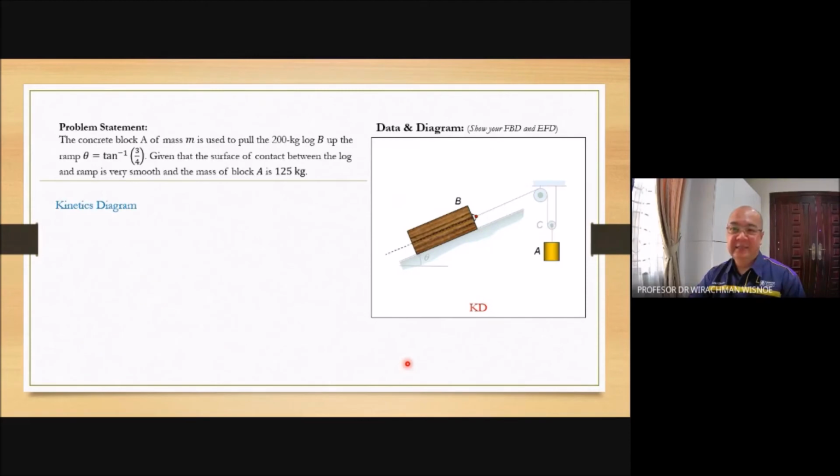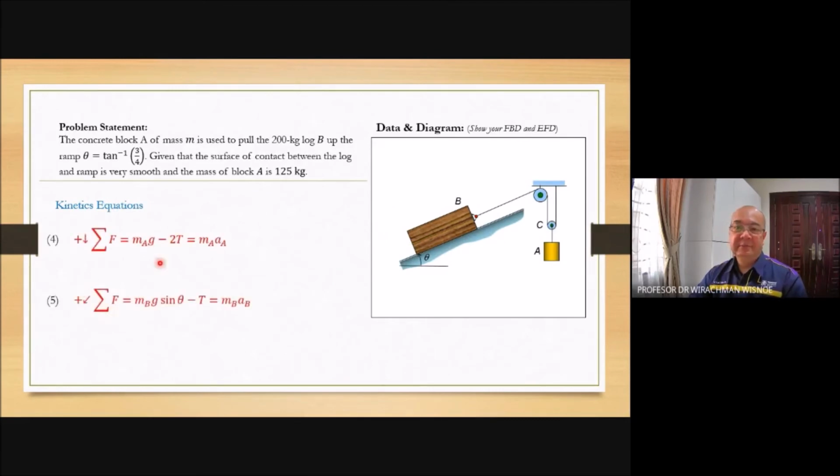Now we write the kinetic diagram. For block A, we assume that the acceleration is in the positive direction, so going down, MA AA. And in B, again, I put the convention positive downward to the left, so you have MB AB. The previous sigma F equals MA AA for block A, and for block B, the previous sigma F equals MB AB.